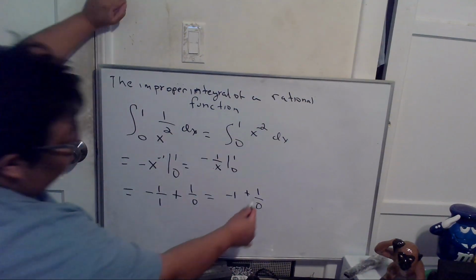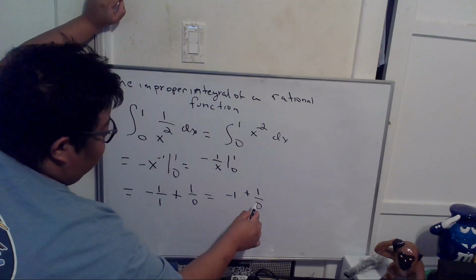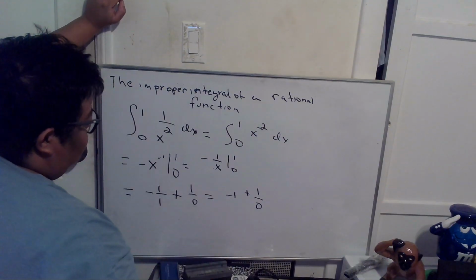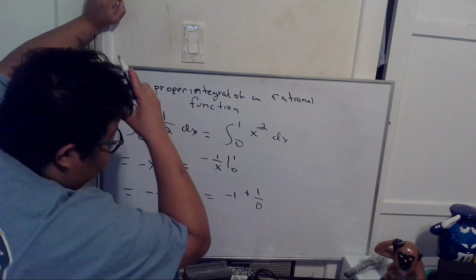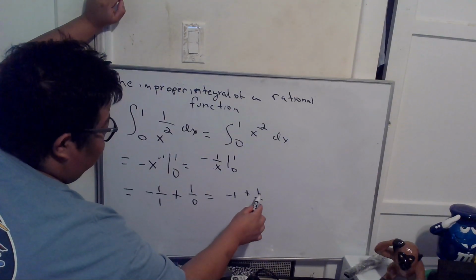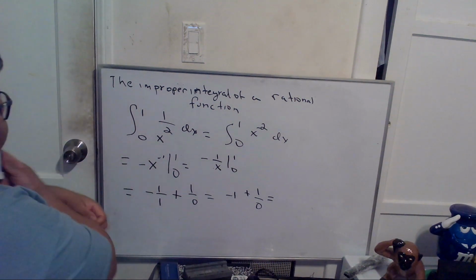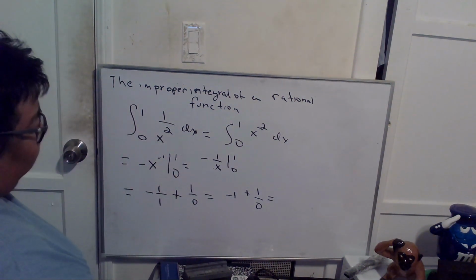And guess what happens to 1 over 0? This thing becomes so big that the whole integral diverges.